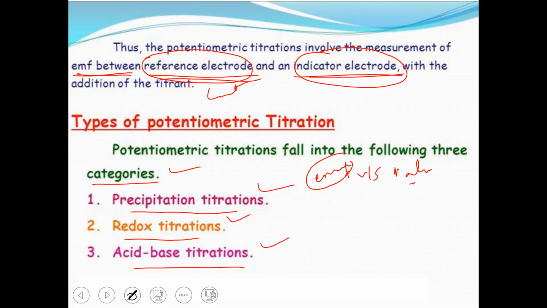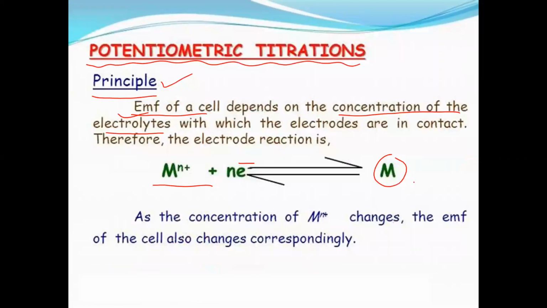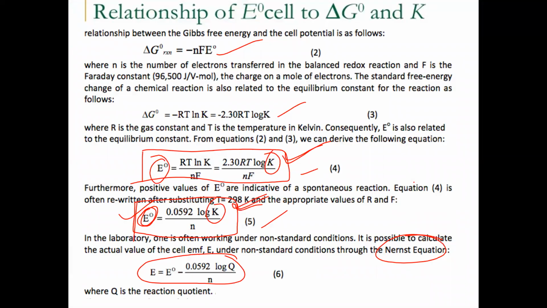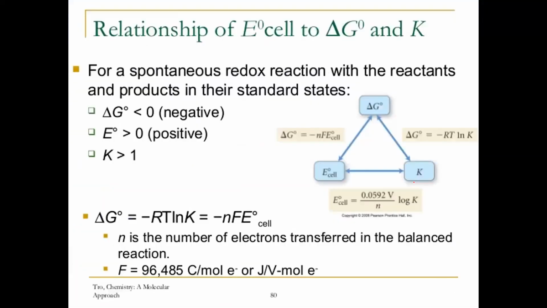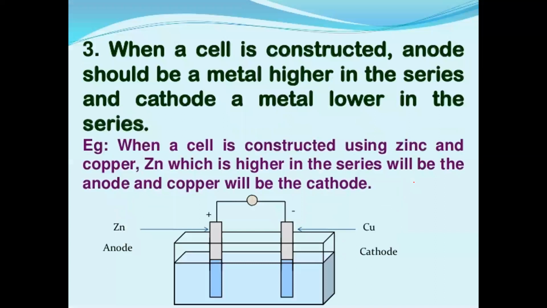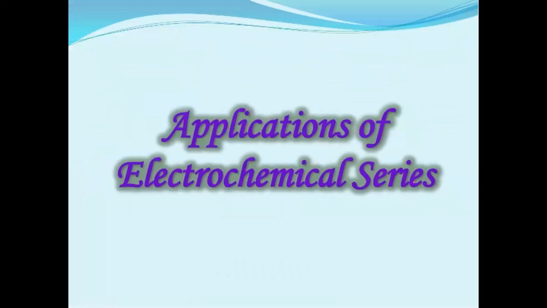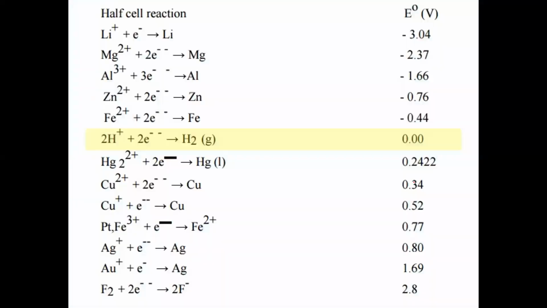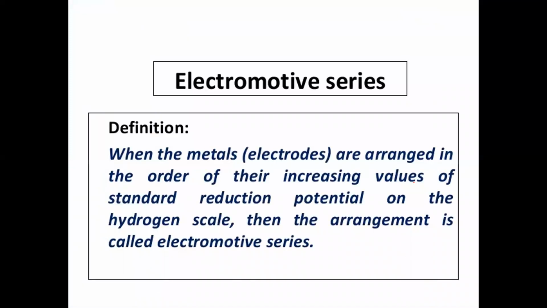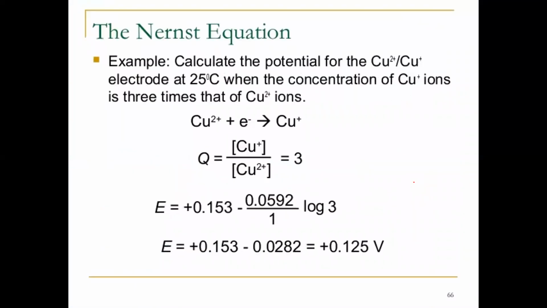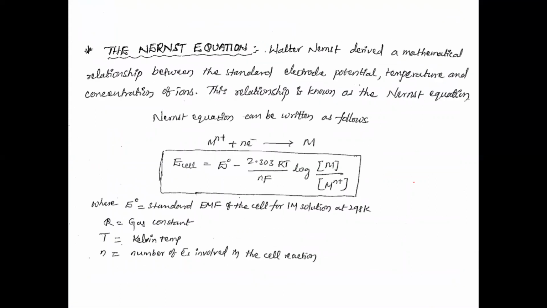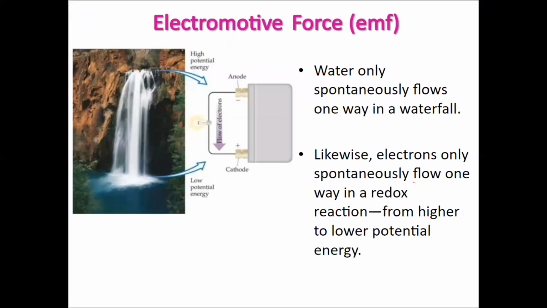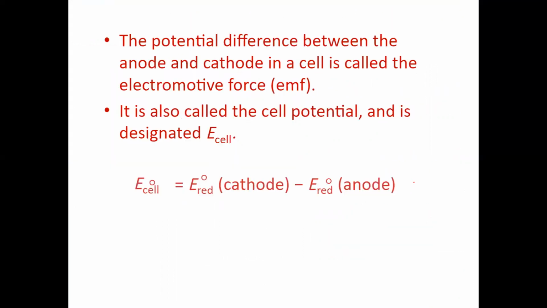Just a quick look at the important topics. Potentiometric titrations are important, and the relationship between E naught and delta G, Gibbs free energy, and the electrochemical series. What is the electrochemical series and its applications, the Nernst equation and its examples, and also electromotive force and its equation.